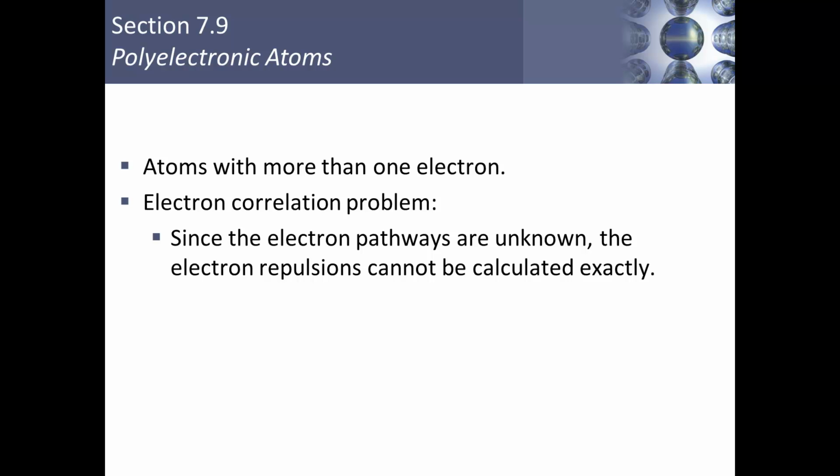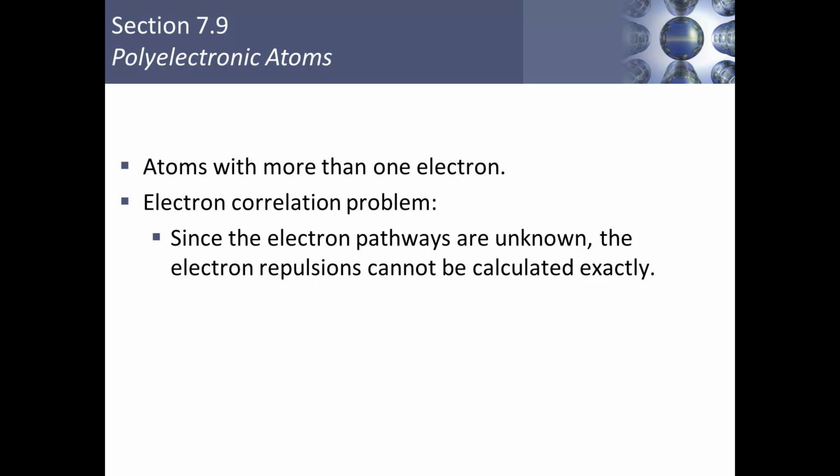Now this leads to an electron correlation problem. It's possible to describe the helium atom in terms of quantum mechanics, but the Schrödinger equation cannot be solved exactly. There's a problem with calculating electron repulsions. Since the electron pathway is unknown, electron repulsions cannot be calculated.